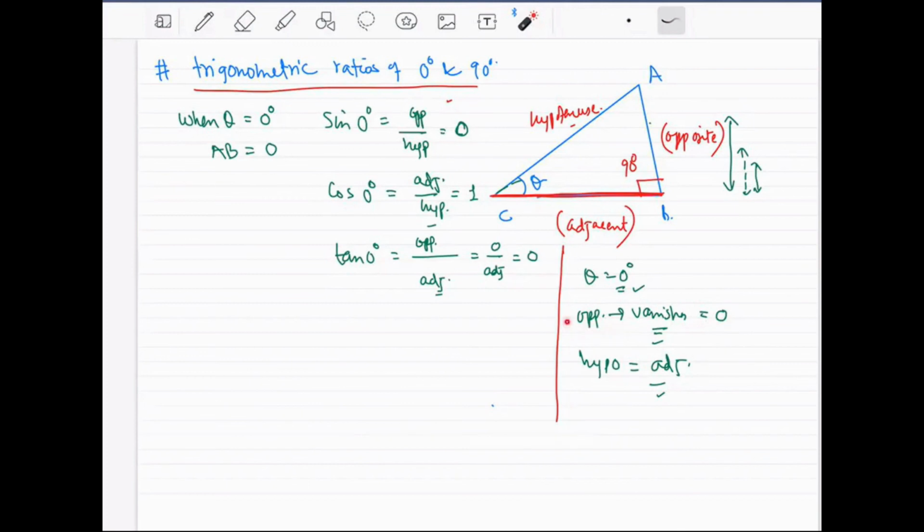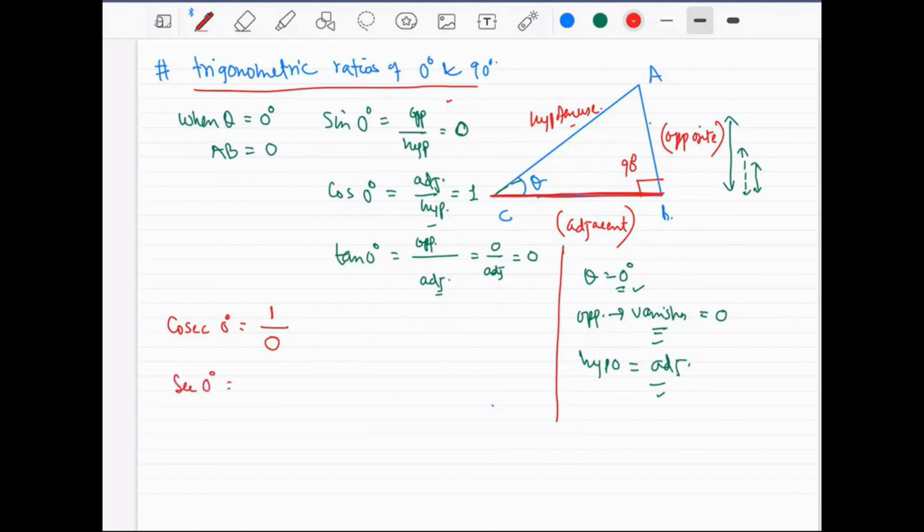By using these two values, we have found sine 0, cos 0, tan 0. You can find the others also. For cosec 0 degree, cosec is the reciprocal of sine. Sine 0 is 0, so we write 1 by 0. Reciprocal means 1 by the value, right? What about sec 0?